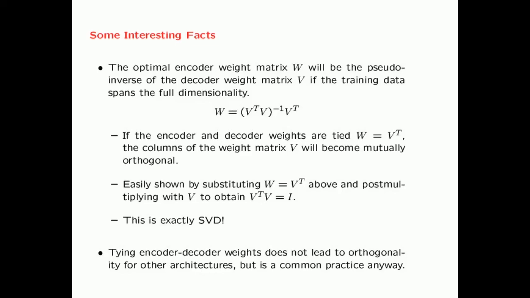In the equation W = (V transpose V) inverse V transpose, if you substitute W = V transpose, and then post multiply both sides with V, you can show that V transpose V = I, which is possible only if the columns of V are mutually orthonormal. Now, this is exactly SVD. Tying encoder-decoder weights does not lead to orthogonality for other, more general autoencoder architectures, but this is a common practice anyway while building autoencoders.